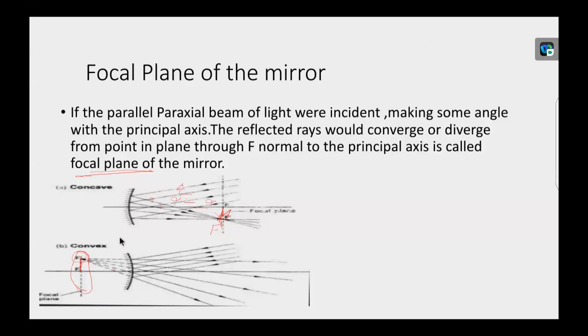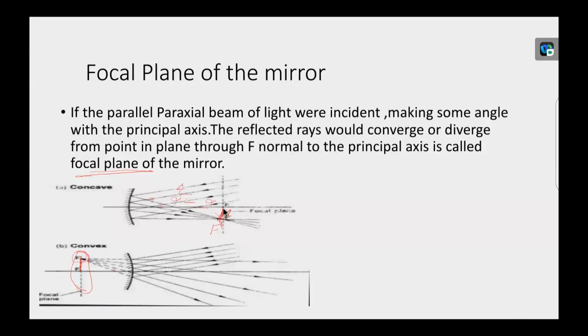Here we have three topics. One, reflection through a concave mirror. Another, reflection through a convex mirror. Next, the focal plane of the mirror. In the first two cases, the converging or diverging light rays meet at the focus. But in the focal plane of the mirror, they converge at a point other than on the principal axis.